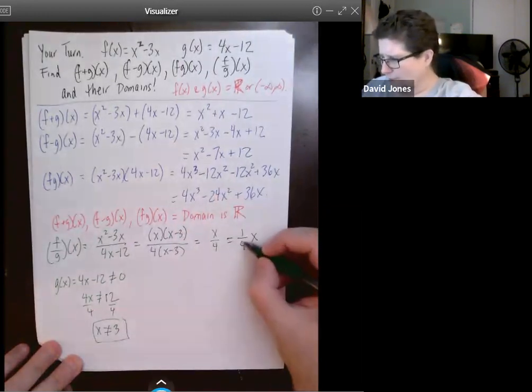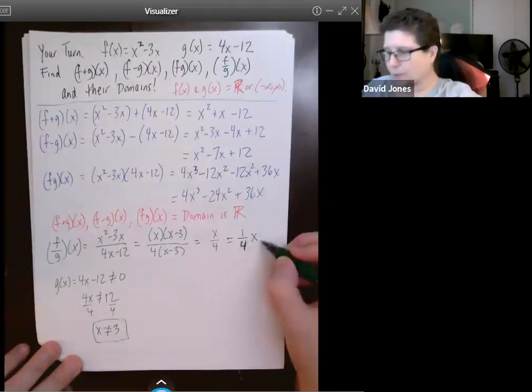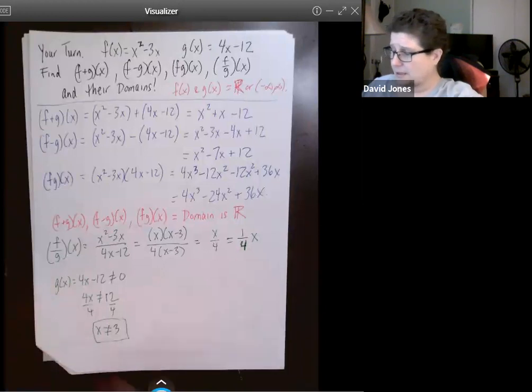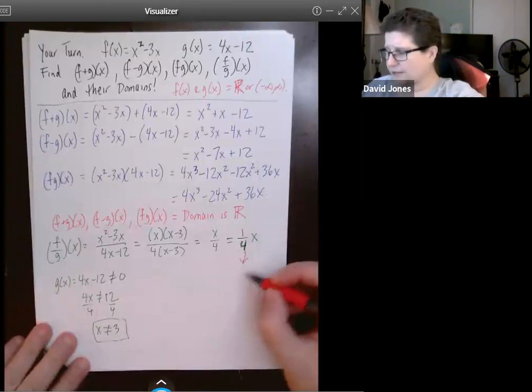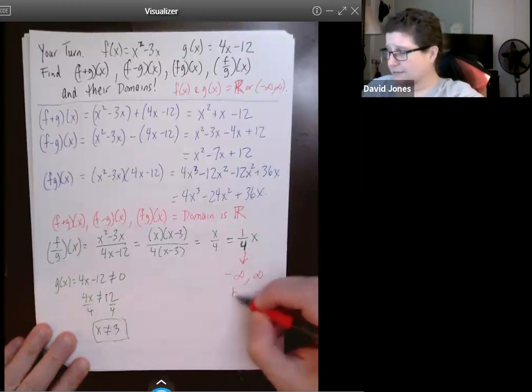Now, even though 1/4 x does not have a problem with the domain, by itself this would have a domain of negative infinity to infinity.